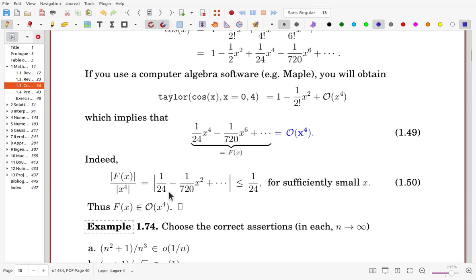Then the series is bounded by the first term, so it is bounded by 1 over 24. So the quotient is bounded by a positive number, and we can say this part is in big O of x to the 4, right?